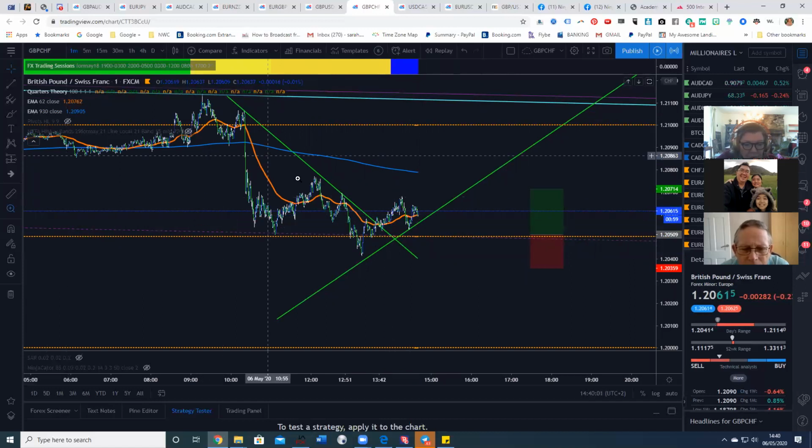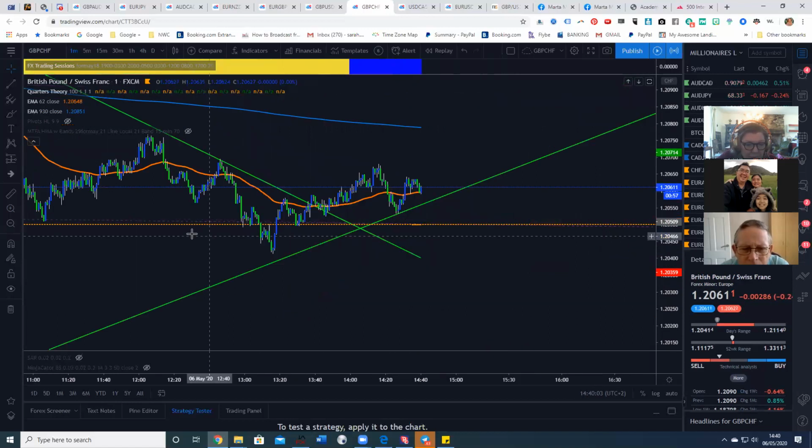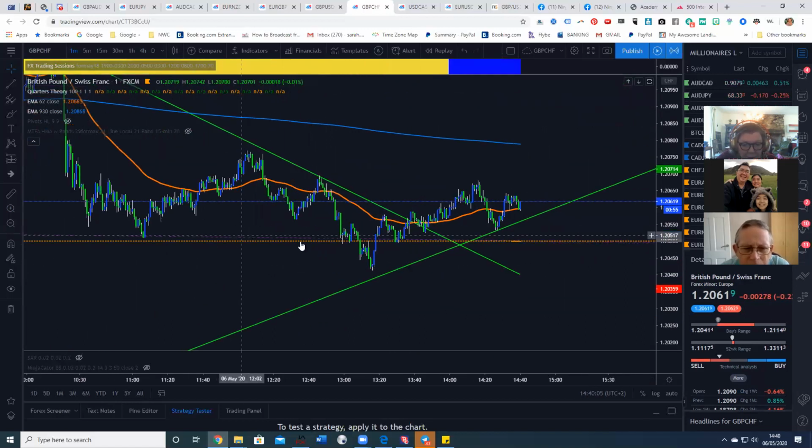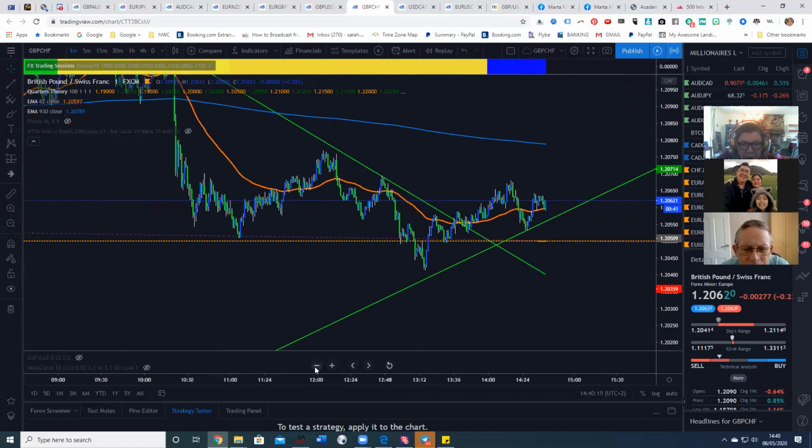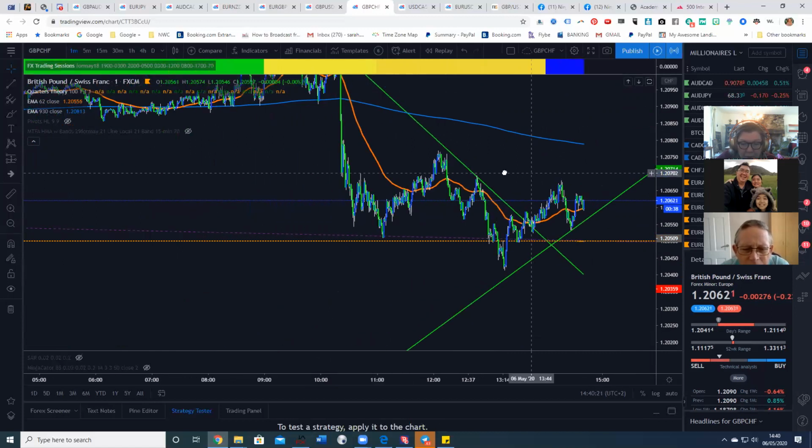See if I put it on zoom in. So you've had a break and a retest of the 1 minute trend plus above the 62 EMA. You've had a break and a retest there of both the pitchfork and quarter theory. So that would have been 3 confirmations for the buy.